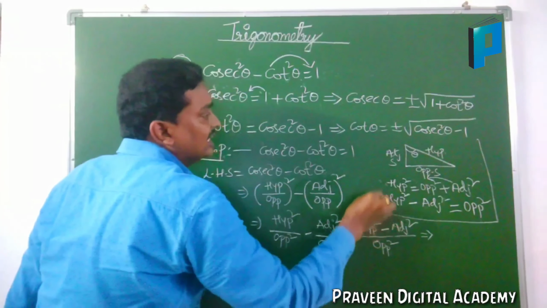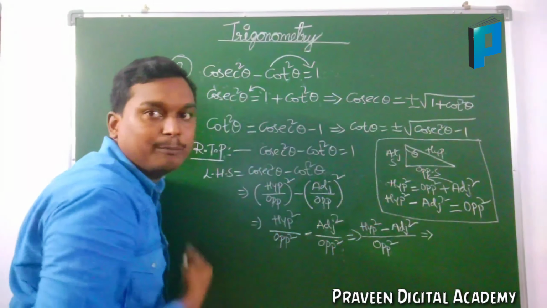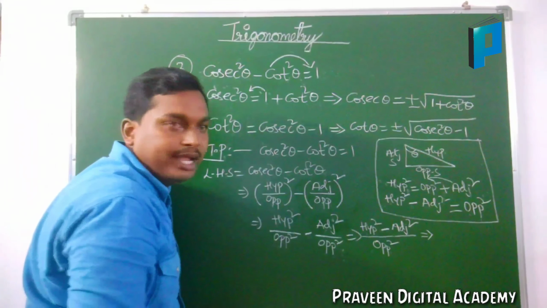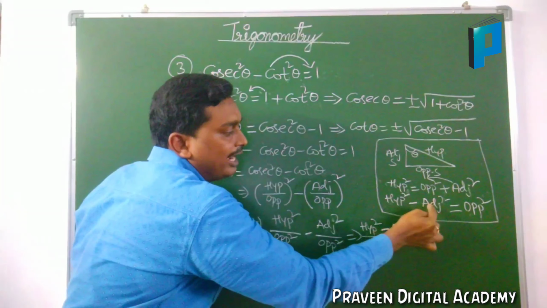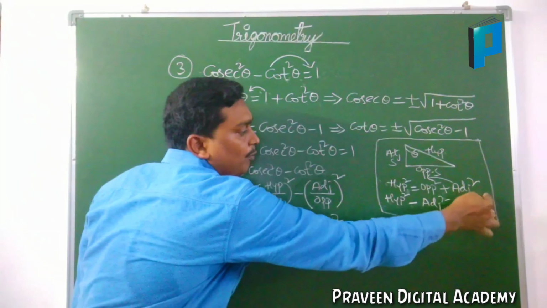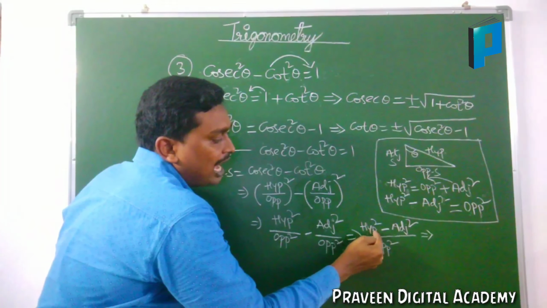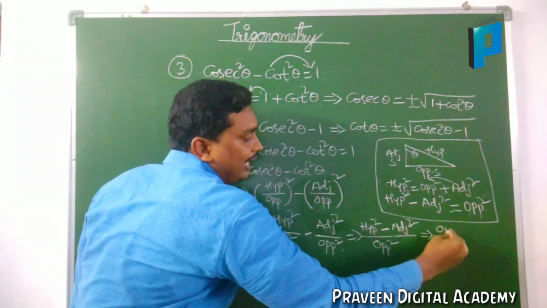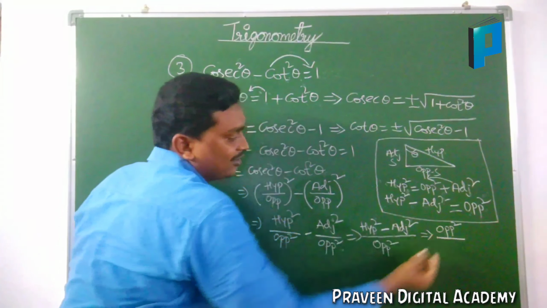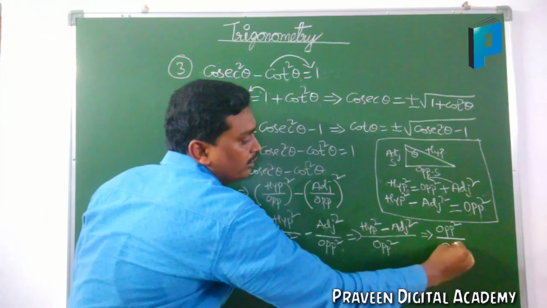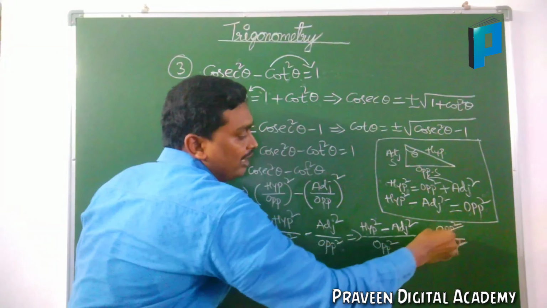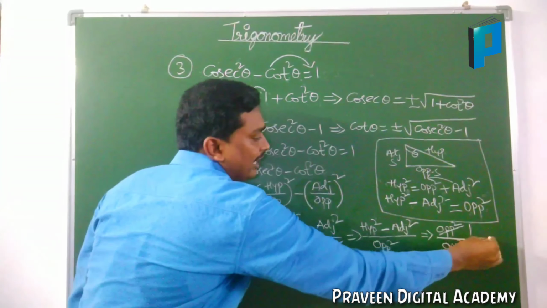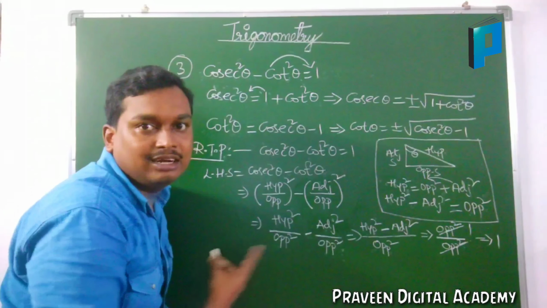This is the formula we got by the Pythagoras theorem. Here we are having hypotenuse square minus adjacent square, which is equal to opposite side square. So it is opposite side square by opposite side square. Here both will get cancelled and we got the answer 1.